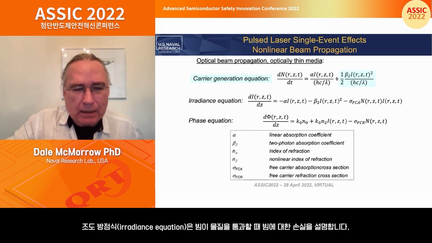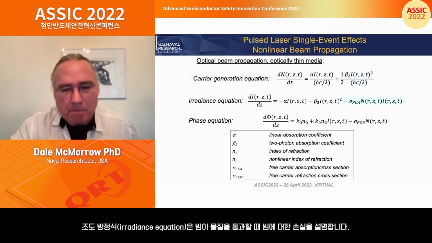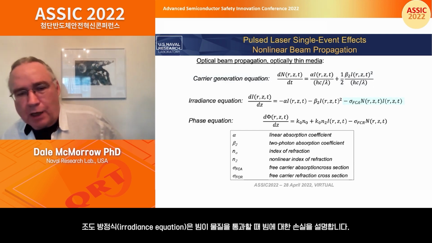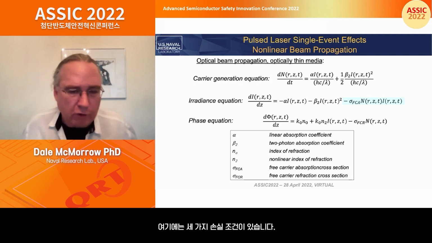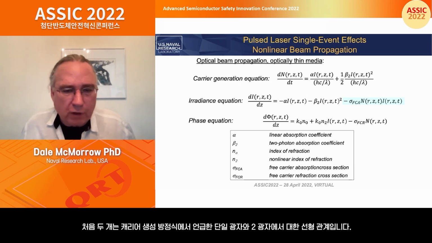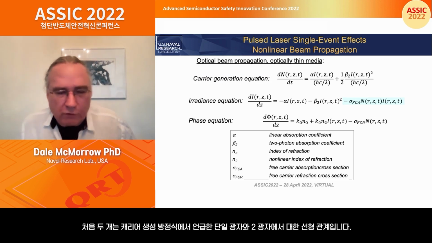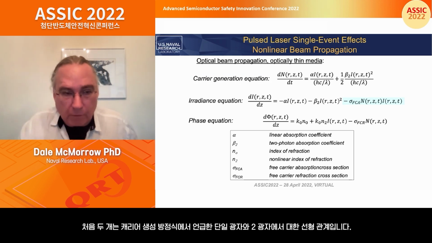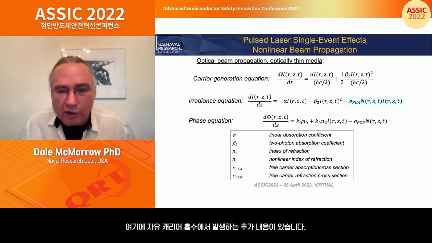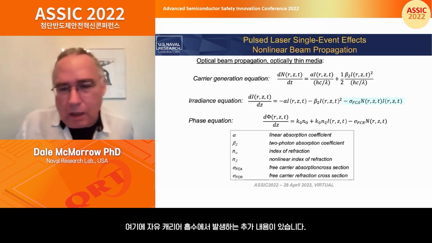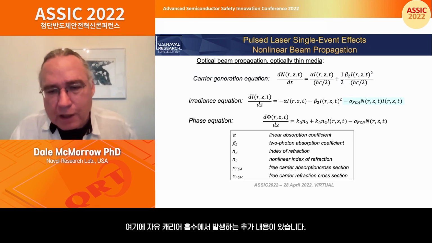Okay. Now, the irradiance equation basically describes the losses the beam experiences as it propagates through the material. So you've got three loss terms there. The first two are the linear, or single photon, and the two photon terms from the carrier generation equation. There's an additional term there that arises from free carrier absorption.